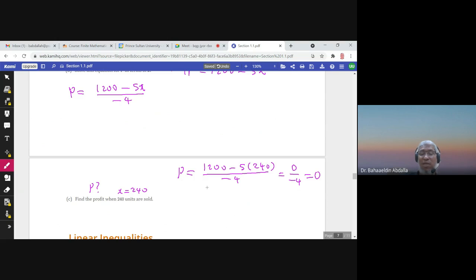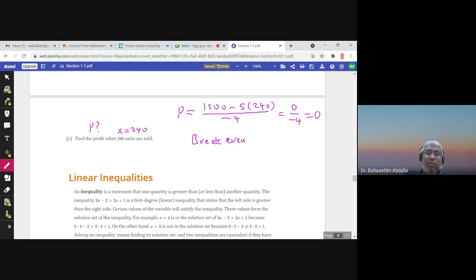If the profit is 0, it means this is the point of the break even. Break even, this is the point in which the cost equals the revenue. When the cost equals the revenue, the profit would be 0.